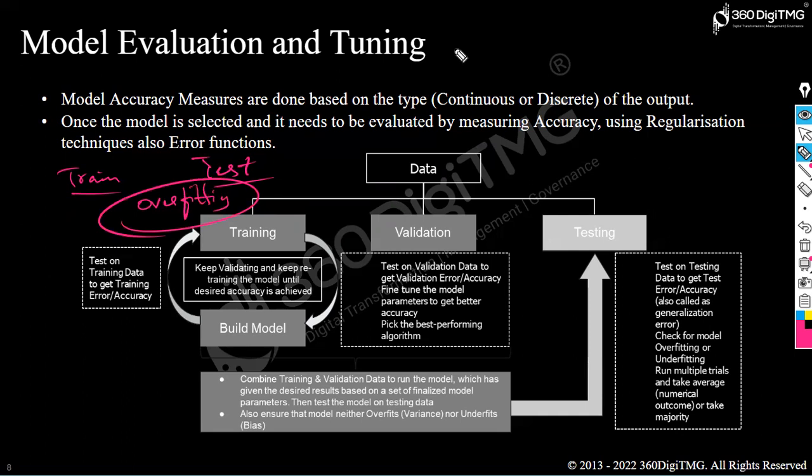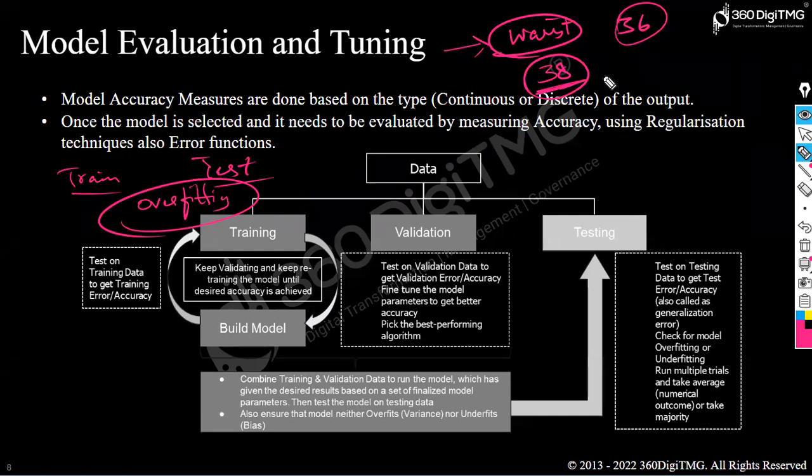Let's say for example, we have gone to a shop and your waist size is 36. If the shopkeeper gives you 38, how does it look? It will be very loose and it is not fitting.